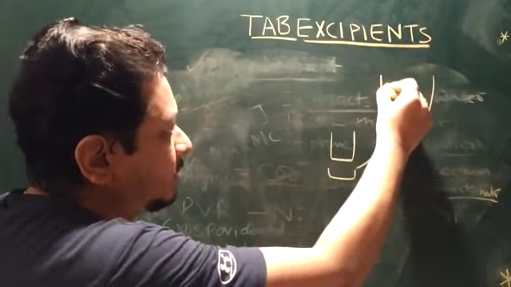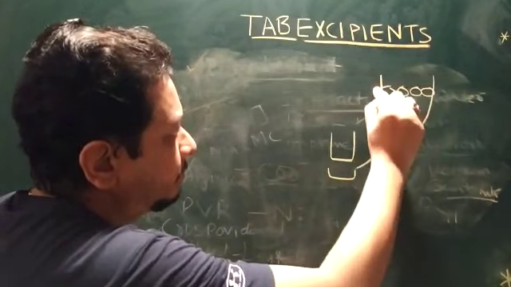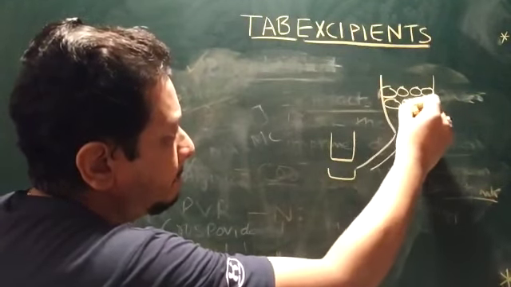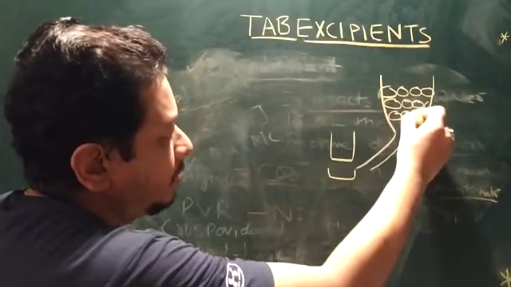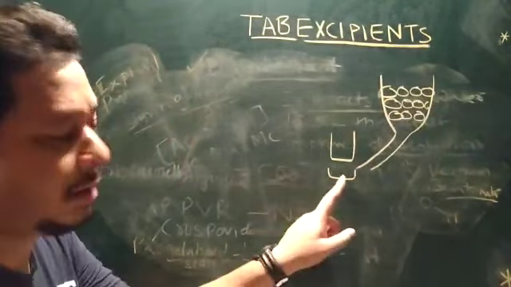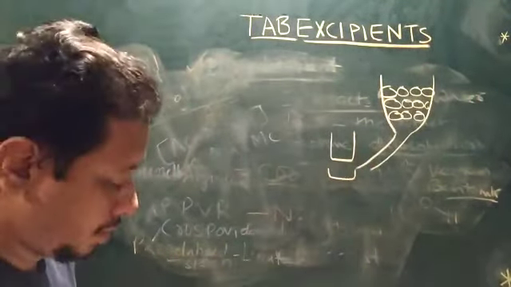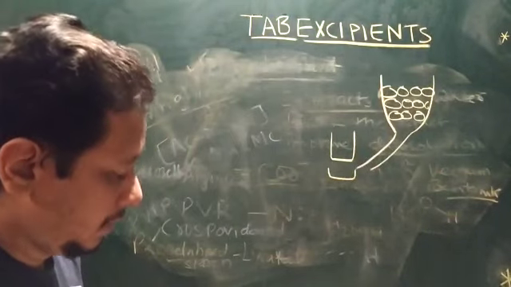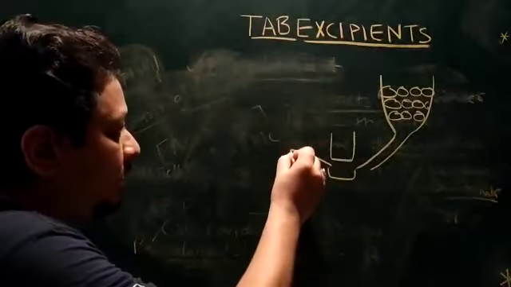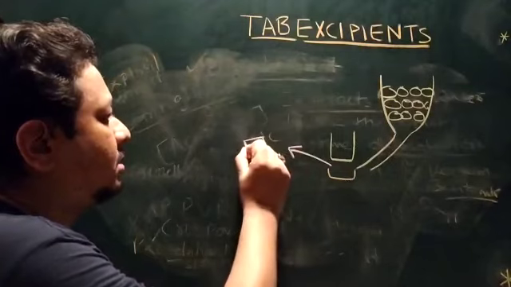Okay, so these are granules. Now granules should come to the tablet die, the punch should come, and then you get ejection of the tablets.